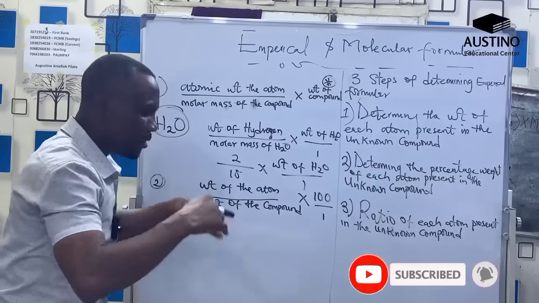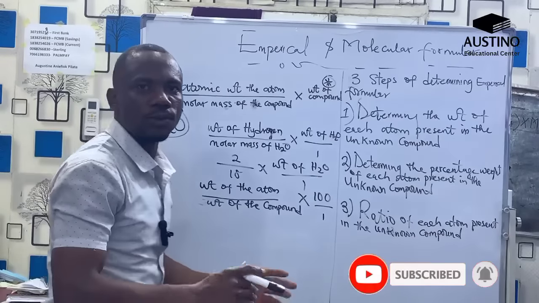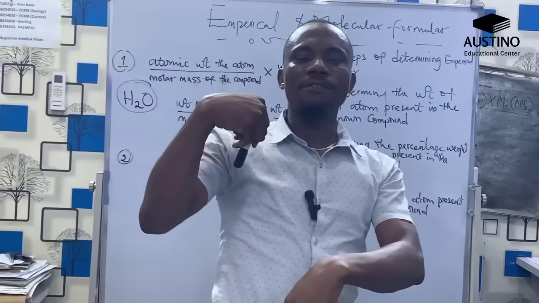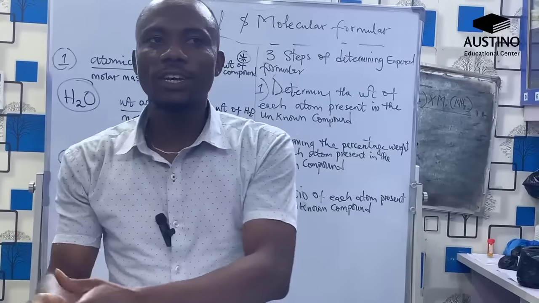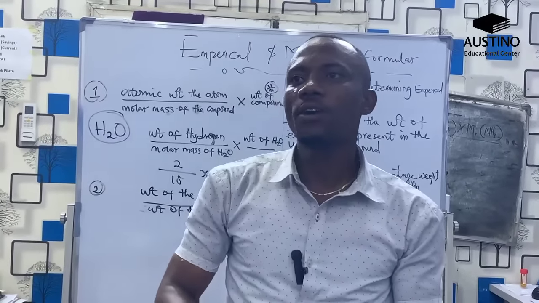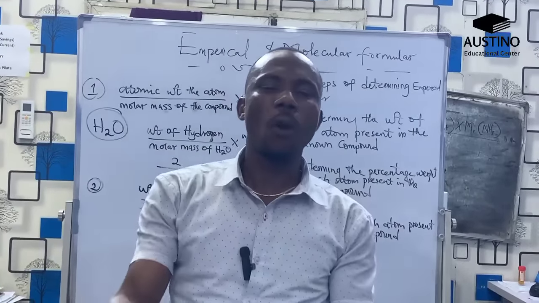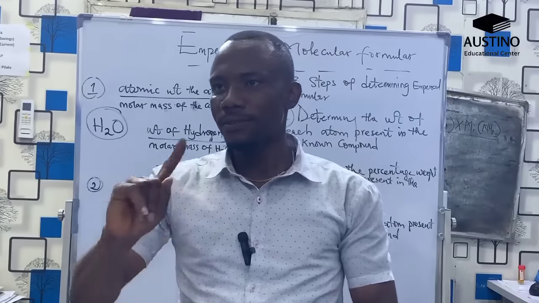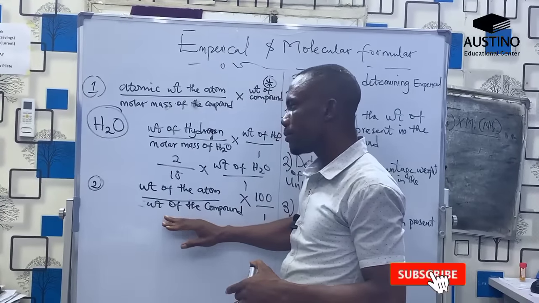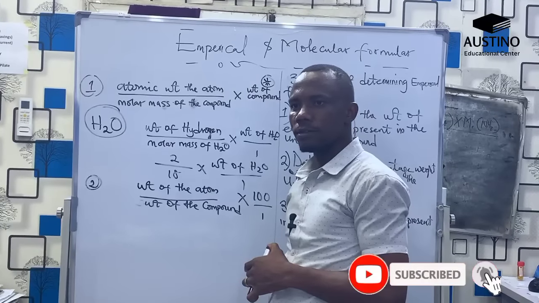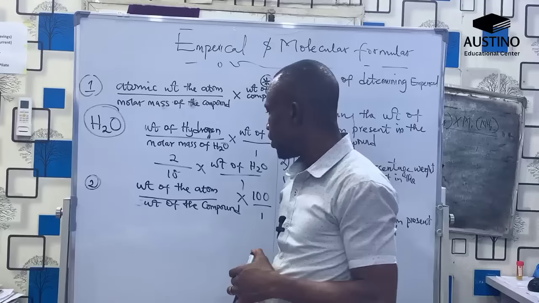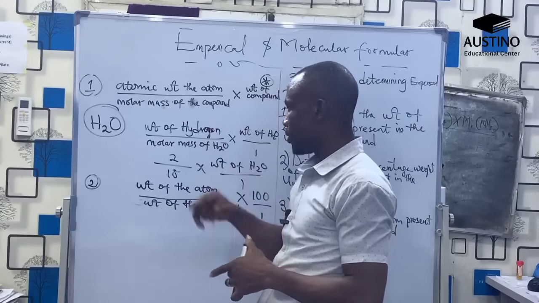So for step 2, obviously we go with what you have in step 1, which is the weight of the element or atom present, all over the weight of the compound, times 100/1. That will give us our step 2: the weight of the atom present.